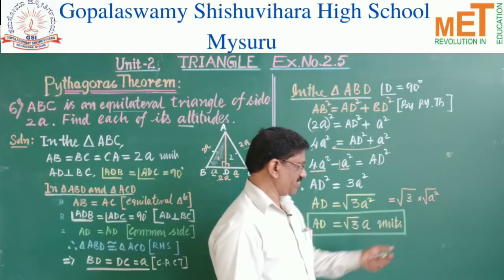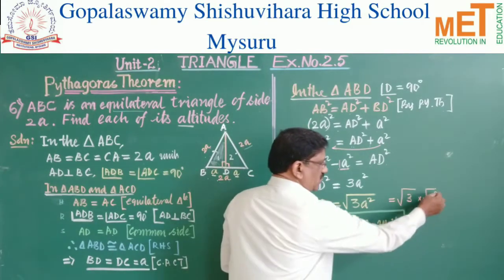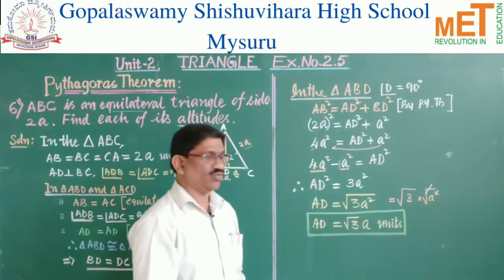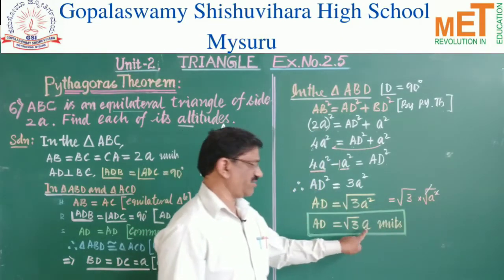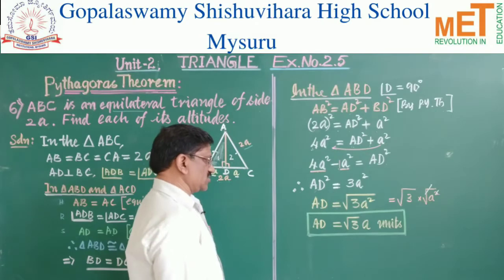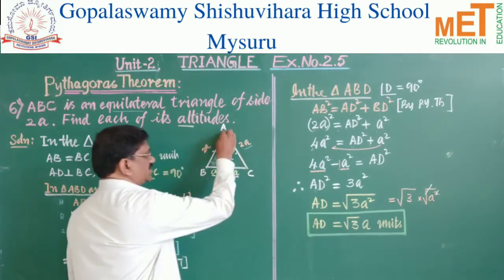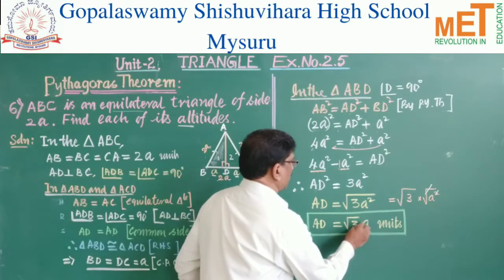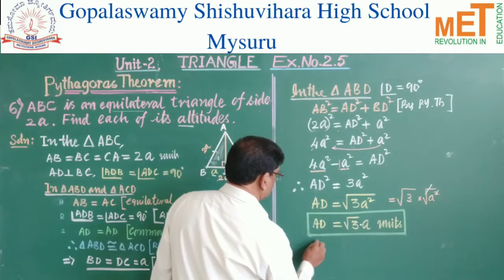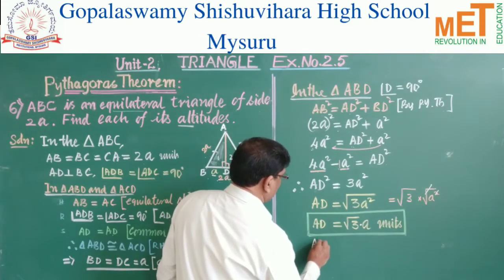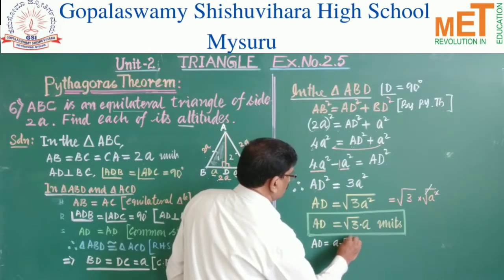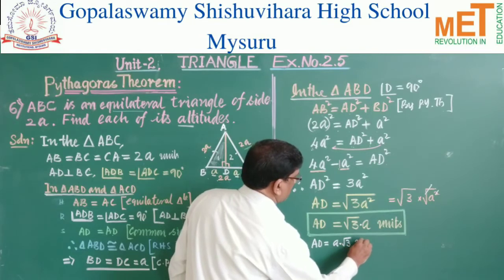But here what happens, the square of a and the root, they get cancelled. What remains after that? A remains. So therefore the length of the altitude AD is equal to root 3 into a, or this can also be written as AD is equal to a into root 3 units.